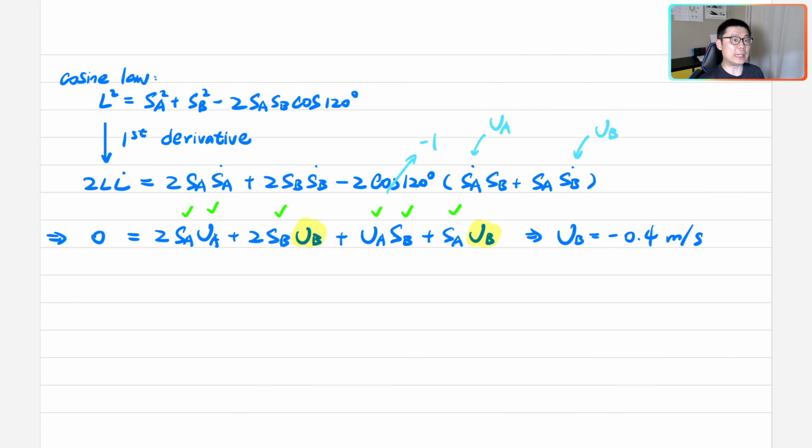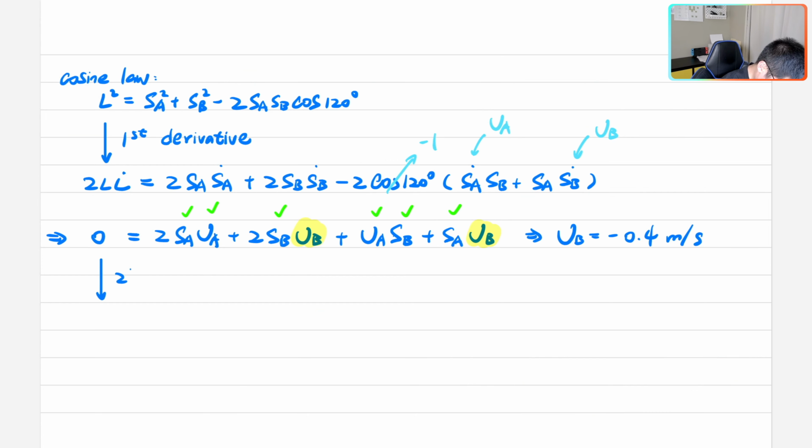We also need the acceleration of the piston B. Now we have the velocity. We can take the second derivative, or take the derivative again from this relationship. Then the derivative of VA and VB will give us the acceleration of A and the acceleration of B. So we'll take the derivative again.